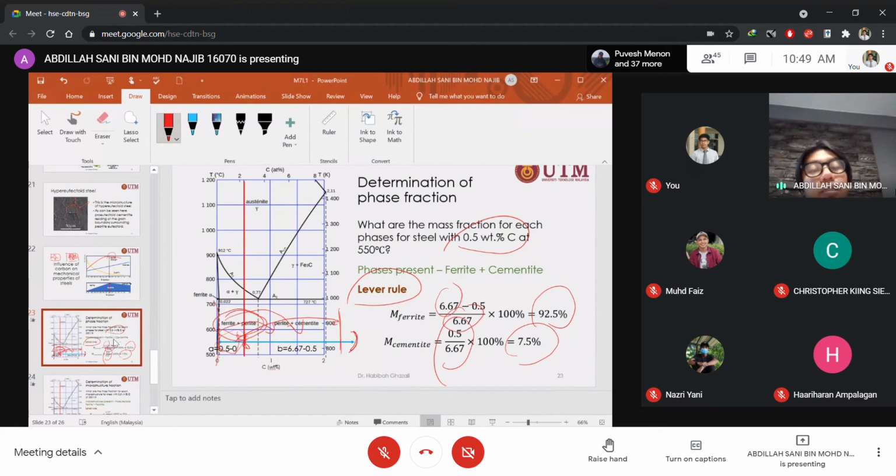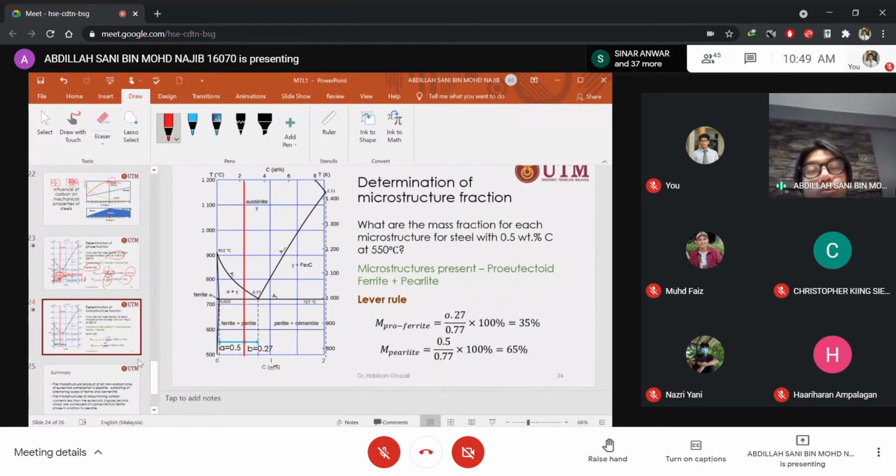And if we want to know how much is the pro-eutectoid, or in this case pro-ferrite, because it's hypoeutectoid, so it's pro-ferrite. How much is the pro-ferrite? We use the lever rule. It's the same.